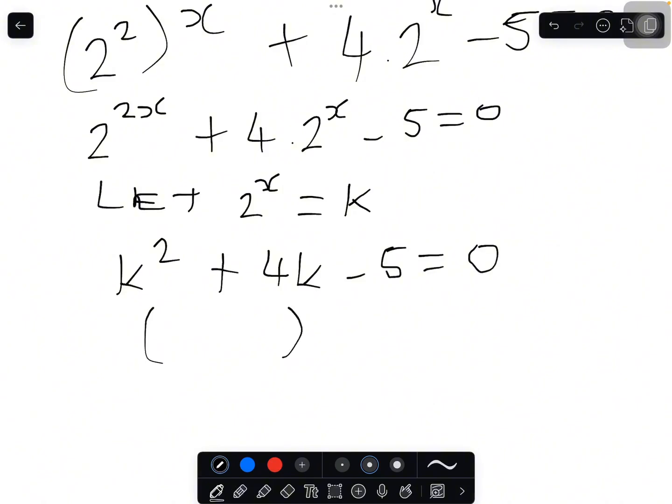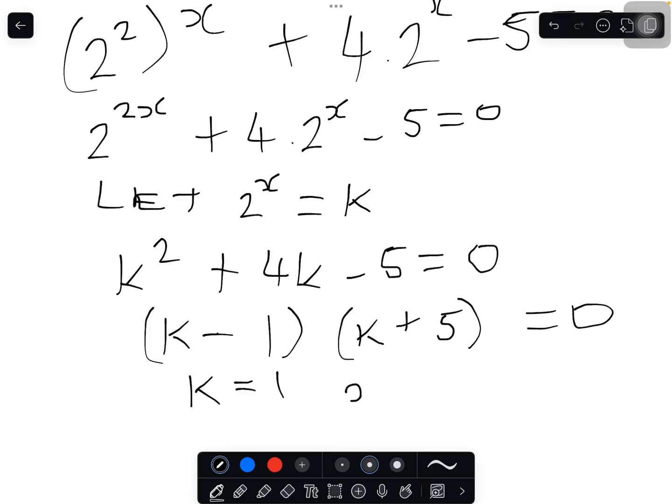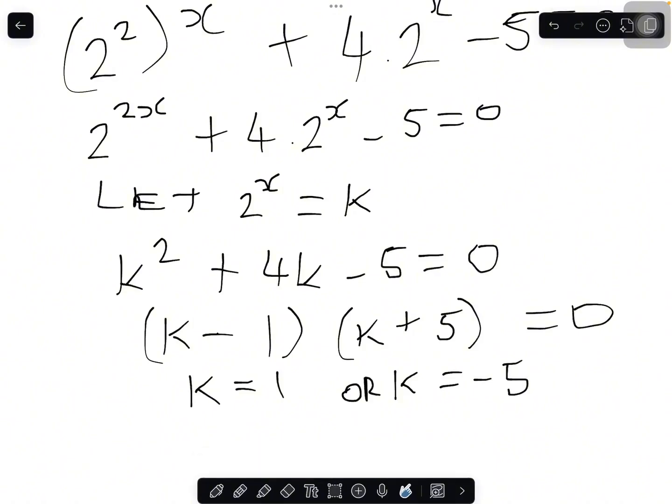I'm going to open my brackets, equal 0. I'm going to have 5, I'm going to have 1. I'm going to have k and k, plus 5 minus 1. I'm going to have k equals 1, or k equals negative 5.